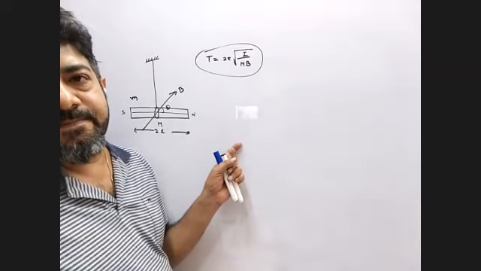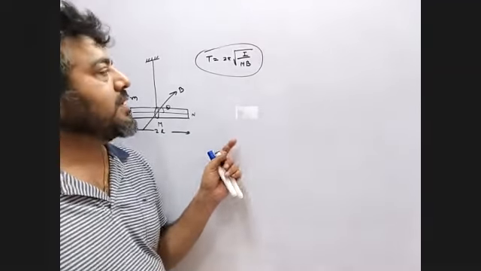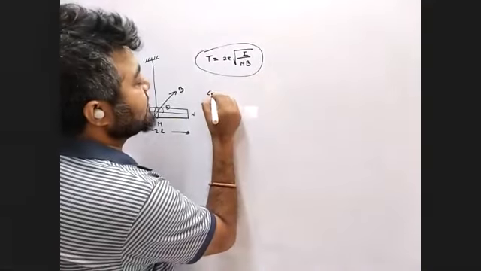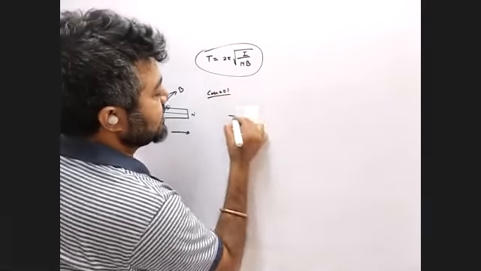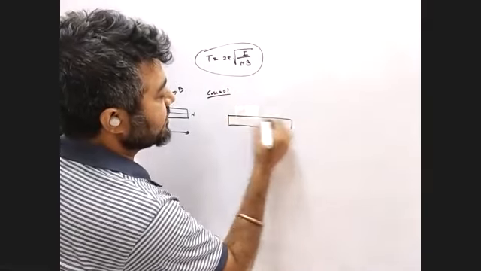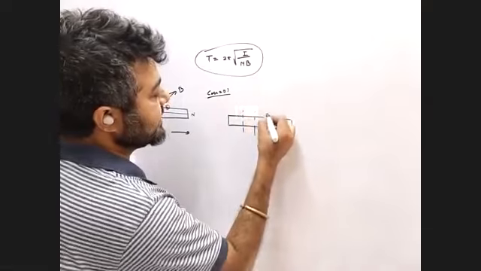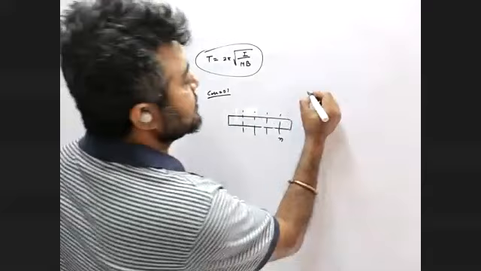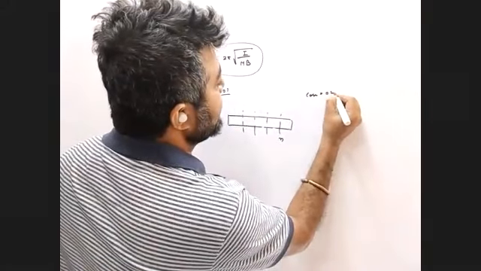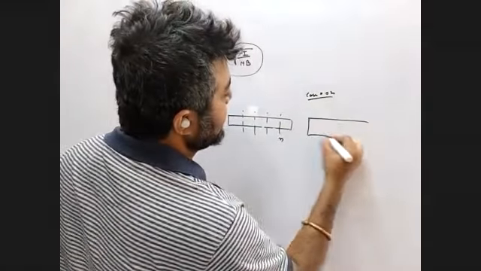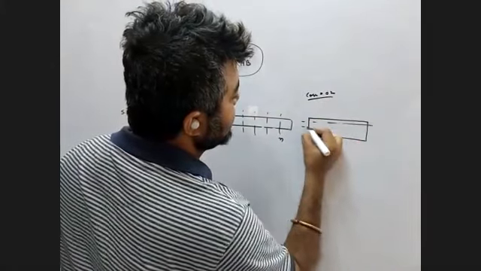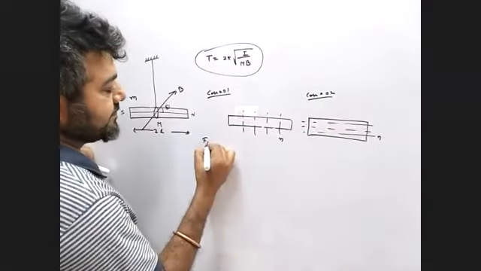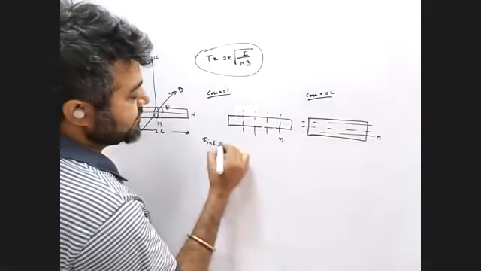Now the question is that two types of sectioning can be possible. Case one, if you cut it in vertical section, and case two, if you cut it in horizontal section. The question is to find the time period.